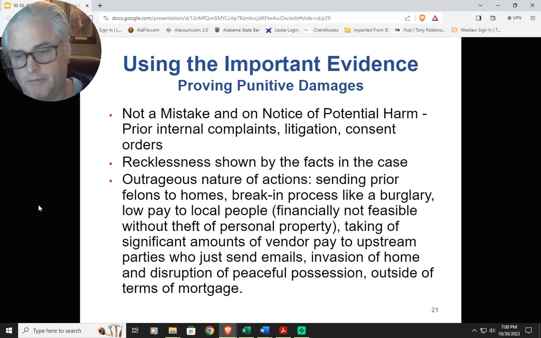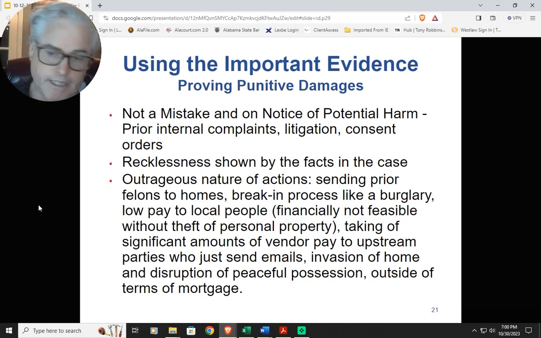If you flip the pyramid and the people who were just sending emails were getting a small payment, and most of the money was going to the people who had to go to the homes and do the work, you would get a better quality candidate who had more professional staff and could be more careful and who could, in effect, do a better job of what was intended, which was to make the pay for the work reasonable under the circumstances.